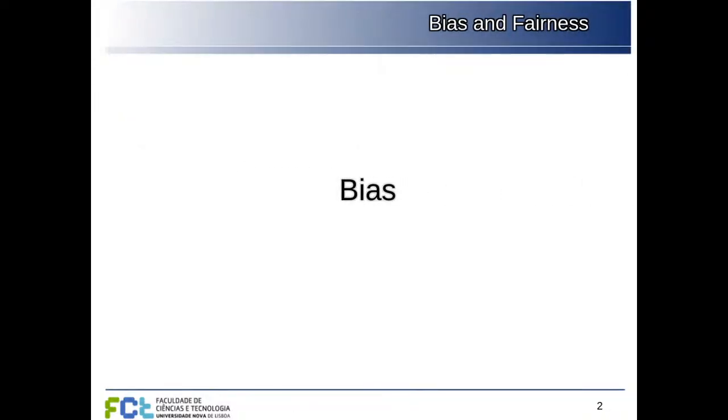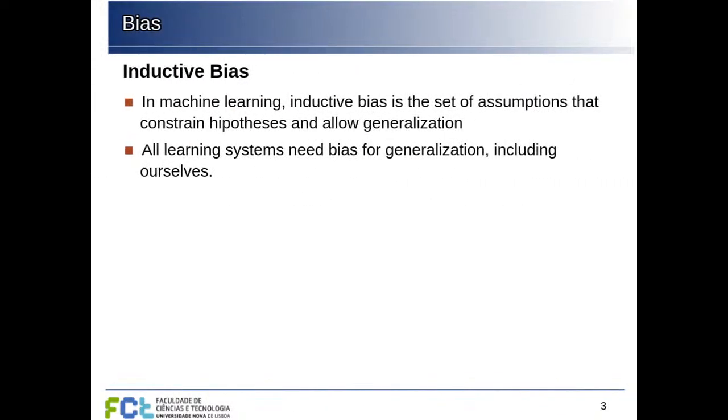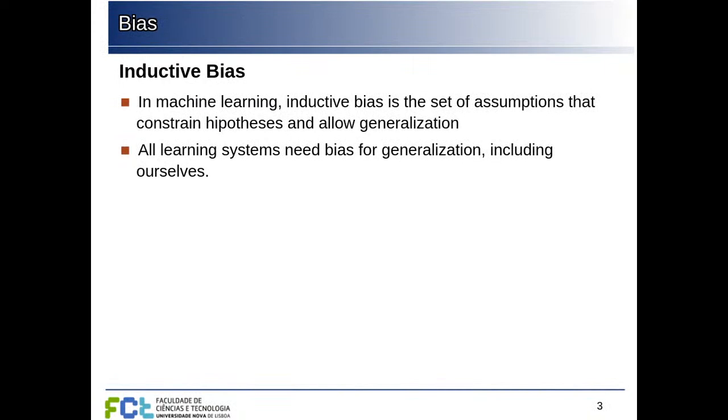But let's look at the idea of bias. Basically, bias is something that is not completely neutral. Everything that we assume about the model will create some bias. In machine learning, we even have this term, inductive bias, which is a set of assumptions that constrain the hypothesis and that are essential for allowing generalization.